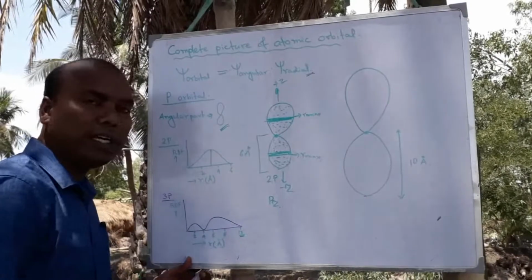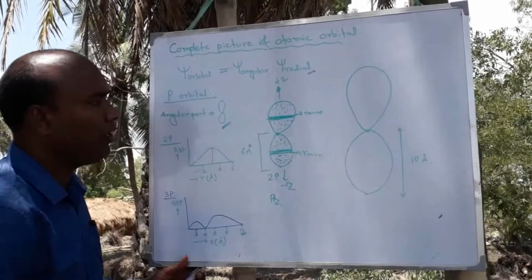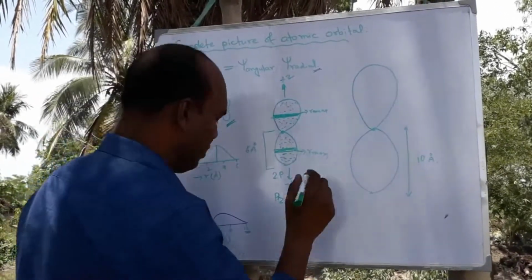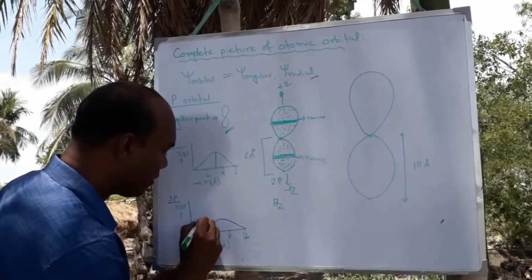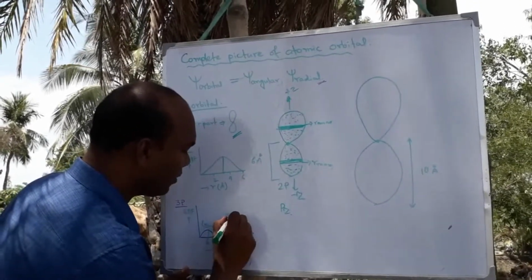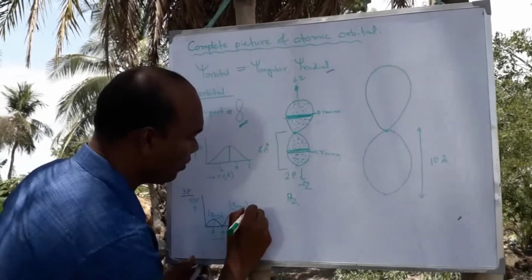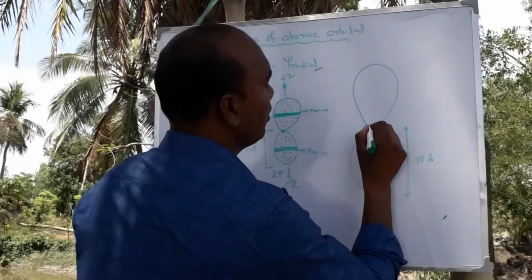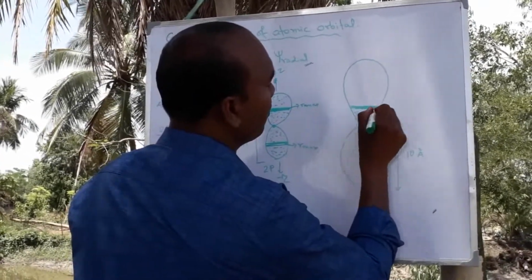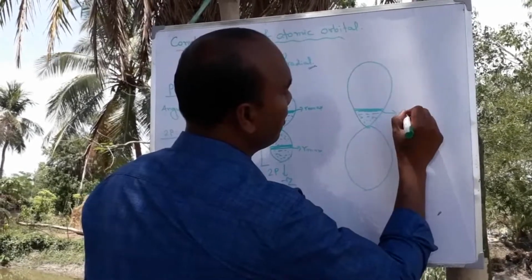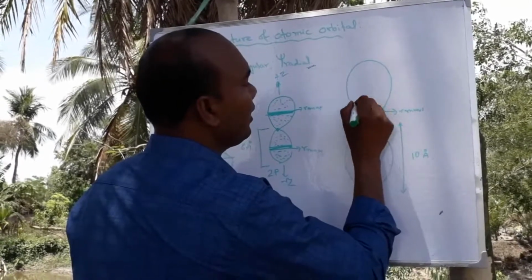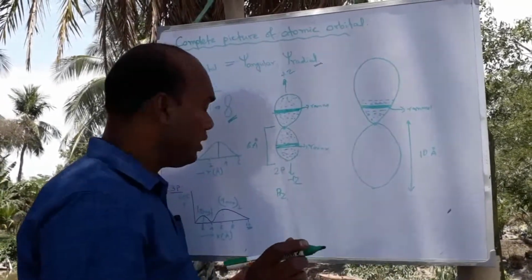Now consider the electron distribution for the 3p orbital. You see here, with increasing distance electron cloud density increases. This is your Rmax 1, this is Rmax 2. So this will be like this. This is your Rmax 1. Again electron cloud density will decrease and there will be a point where there is no electron cloud density.